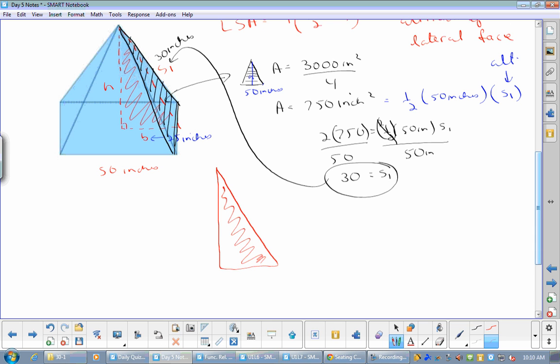We have now found this to be 30. What is the base of this triangle? 25. So how are we going to find the height?